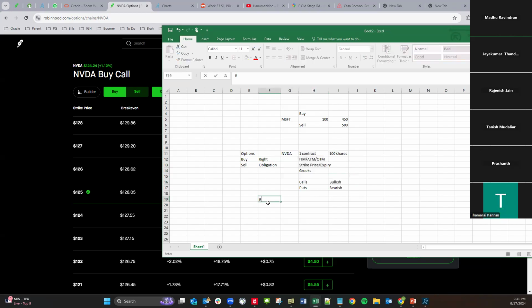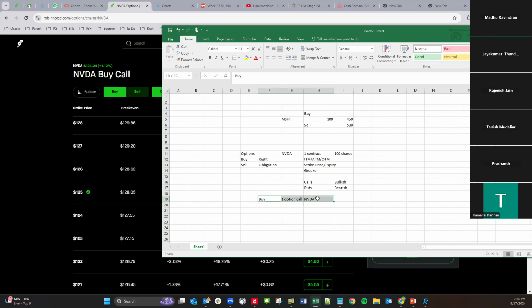When I buy one option for NVIDIA, which is a call, that technically means I am getting into a contract wherein I can buy 100 shares of NVIDIA at a specific price, let's say 130. Let me put the current price: 124 is the current NVIDIA price.